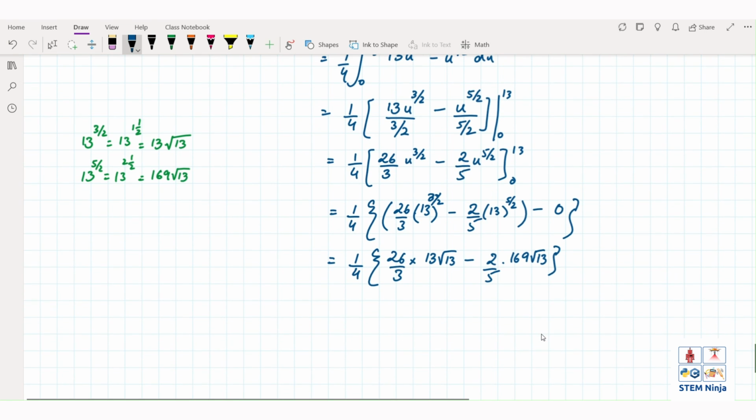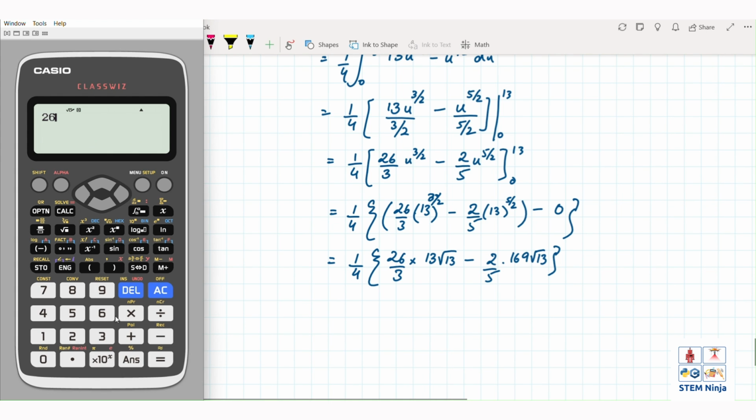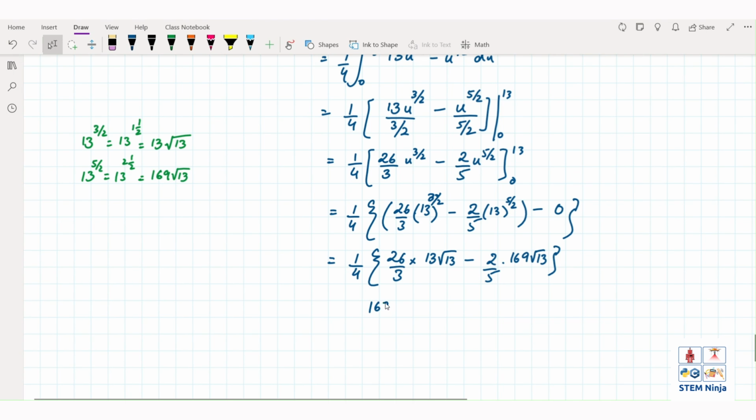Now we will need to calculate these. 26 times 13 divided by 3 divided by 4, so the first term will be 169 over 6 root 13.